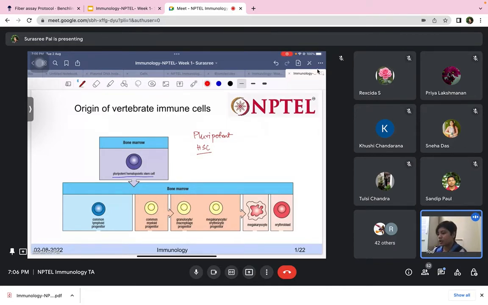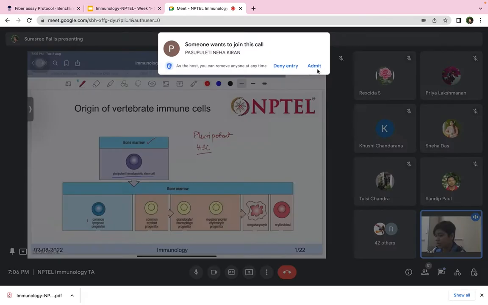This cell usually resides in the bone marrow, where it first undergoes differentiation into two particular lineages of immune cells. One lineage is, here you can see, the lymphoid lineage.